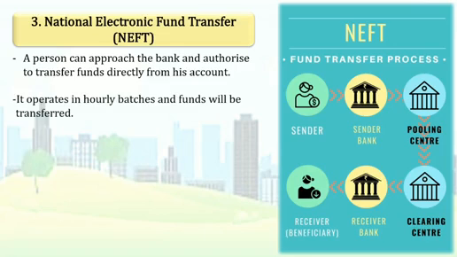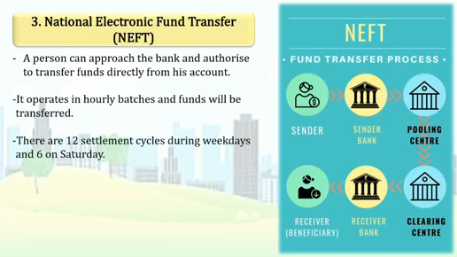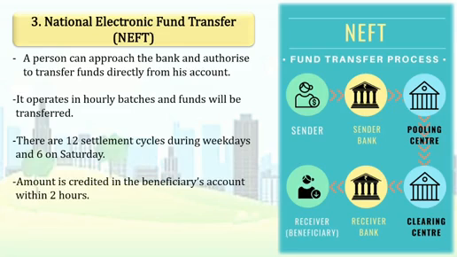NEFT operates in hourly batches and funds will be transferred. There are 12 settlement cycles during weekdays and 6 on Saturdays. The amount is credited in the beneficiary's account within 2 hours. There is no minimum or maximum limit to the transferred funds.